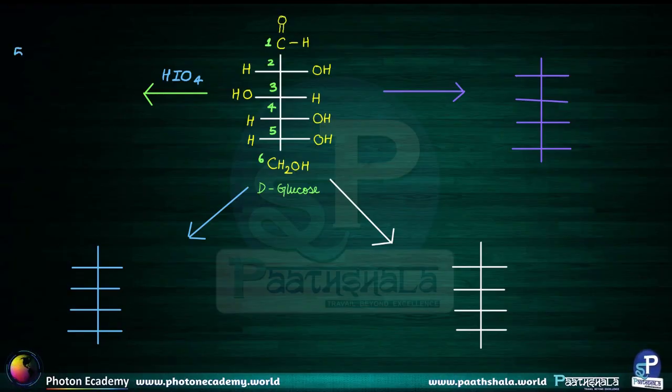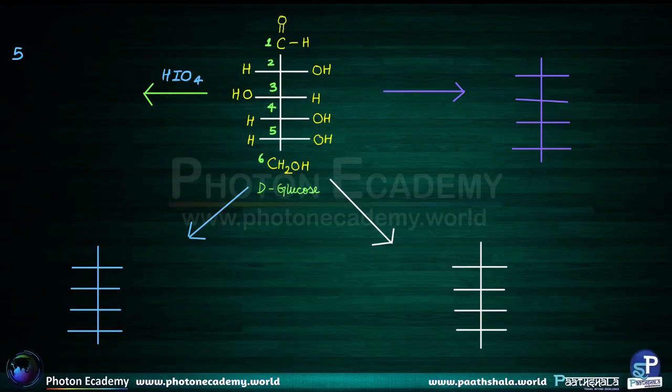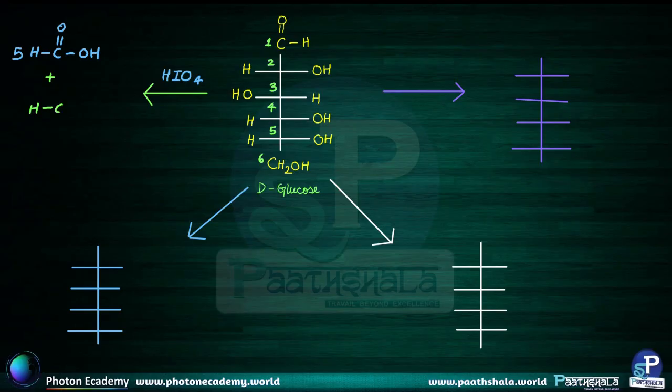The first 5 carbons are going to form HC double bond O, OH, that is an acid, and the CH2OH over here is going to form an aldehyde, HC double bond O. So we are getting an acid and an aldehyde, namely formic acid and formaldehyde.